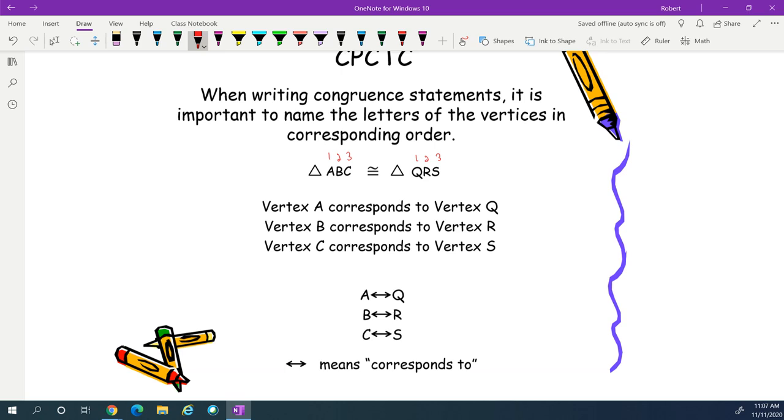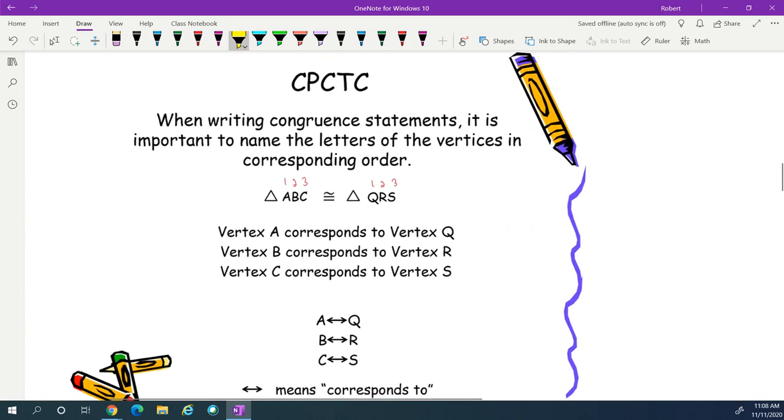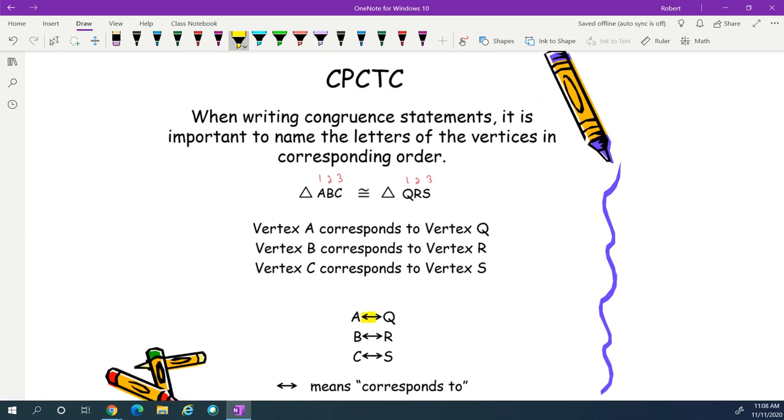Well, then the first vertex A corresponds to the first vertex Q. The second vertex B corresponds to the second vertex R, and so on. And that little double arrow symbol just means corresponds to. Now, again, we're just breaking down what CPCTC really stands for and what it does for us.